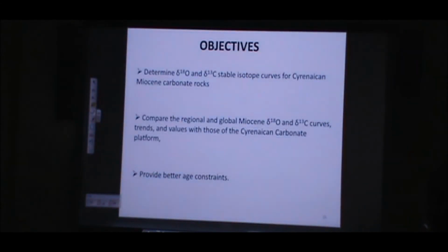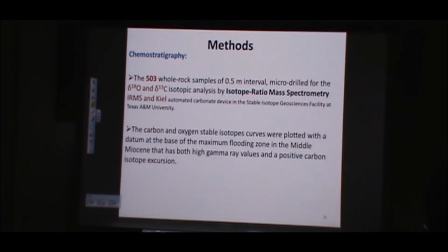So the objectives were to establish the stable isotope curves for the Cyrenaica, to compare them regionally and globally with the Mediterranean and other oceans, and that will give us a better age control over our sequence stratigraphic framework. So the methods, again, we collected 503 samples over 0.5 meter intervals, and we drilled them and sent them to the Texas A&M facility, where they have the isotope ratio mass spectrometry.